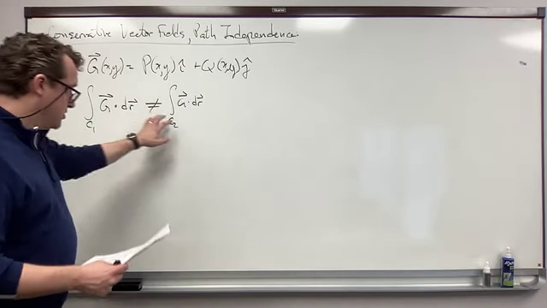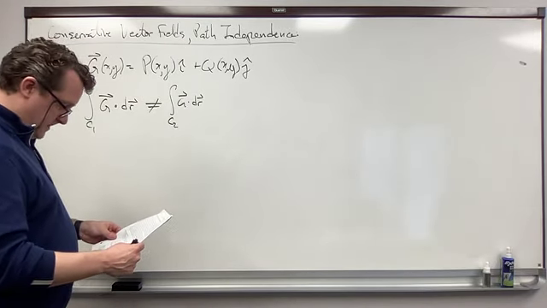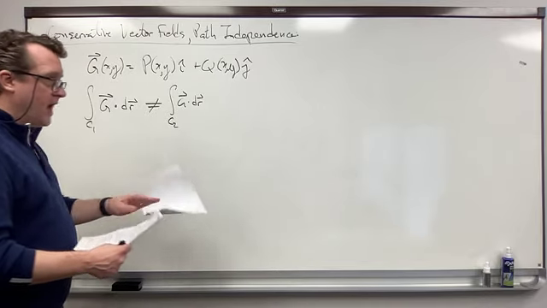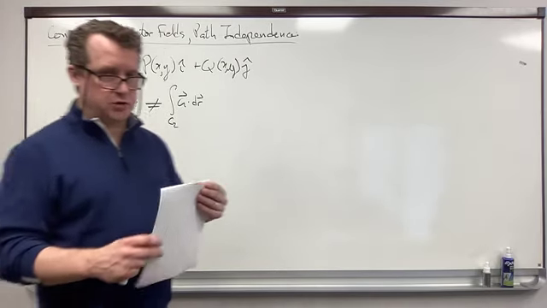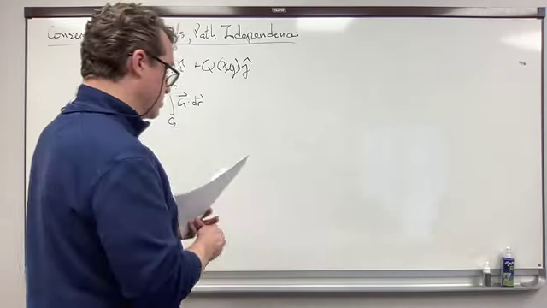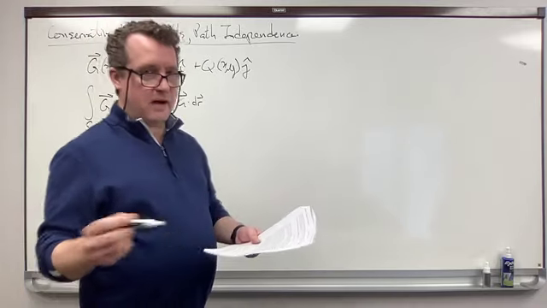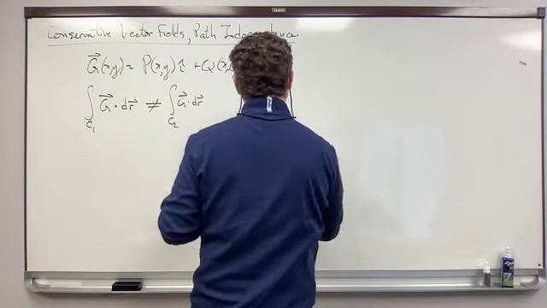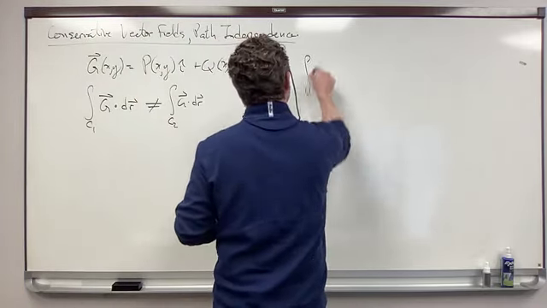This is our general case. Now, as we move on to this special property of conservative fields, I want to remind us about something. Let's look at this thing here. To a certain extent, this should seem familiar.